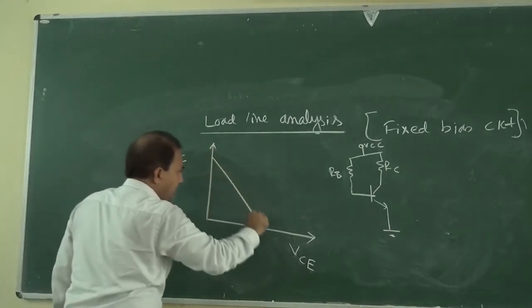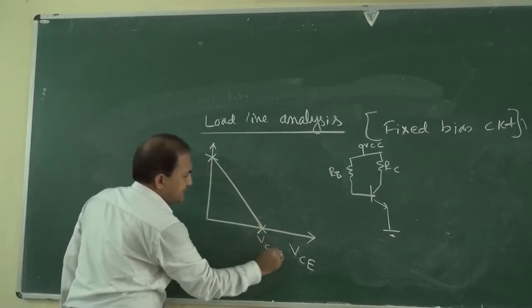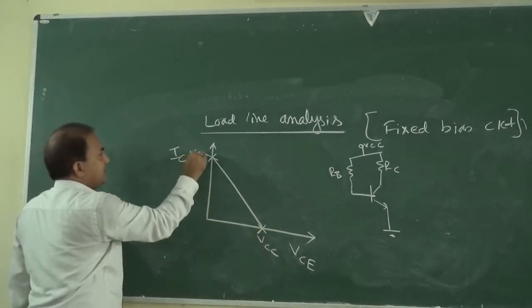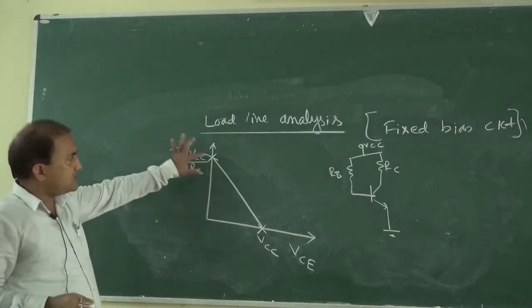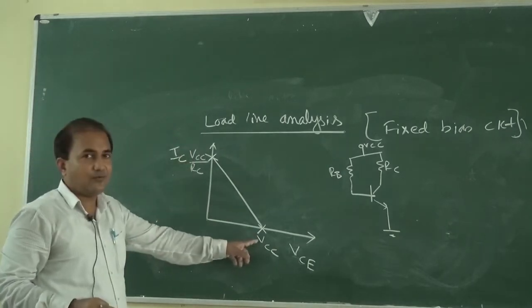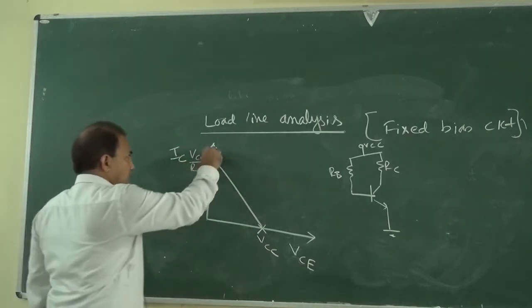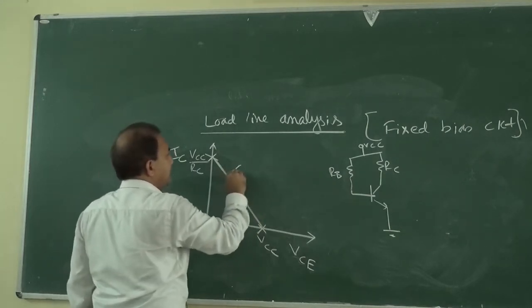We have to determine these two points. These two points are VCC and VCC by RC. This point is equal to VCC by RC, this point is equal to VCC, and then we connect these two points. So this is the load line.